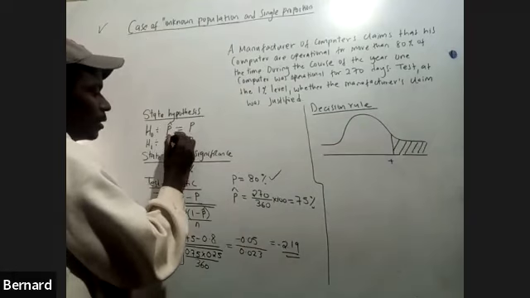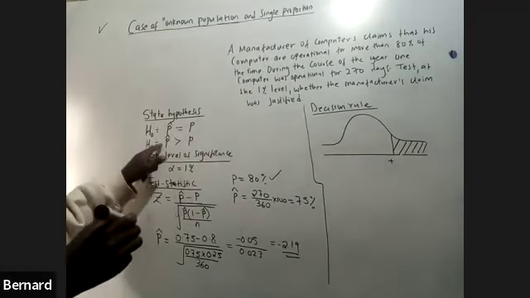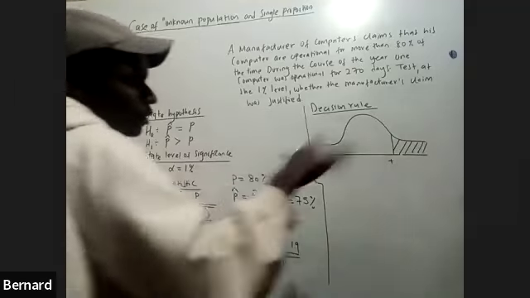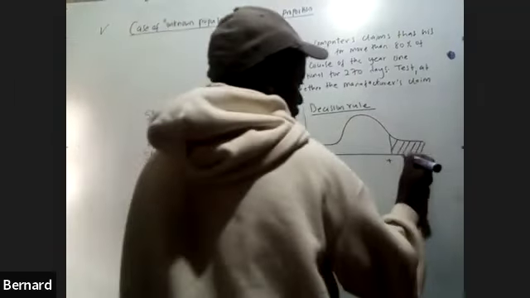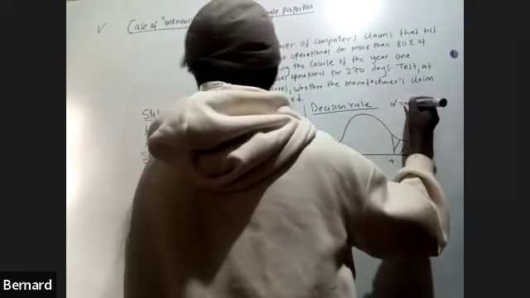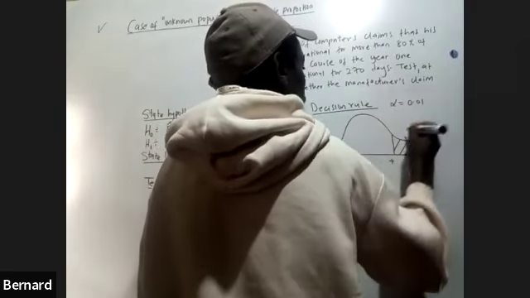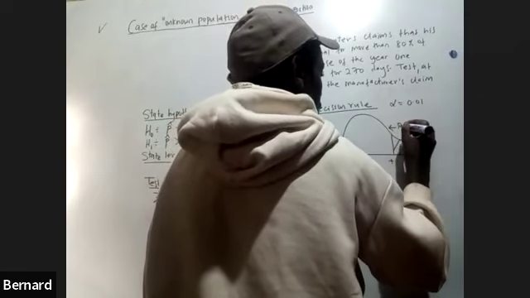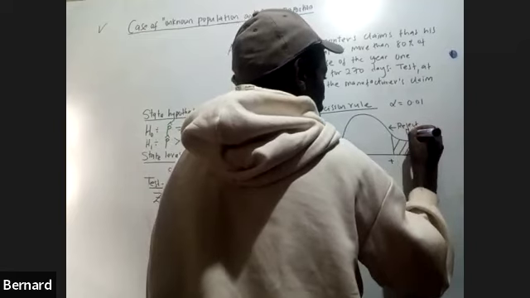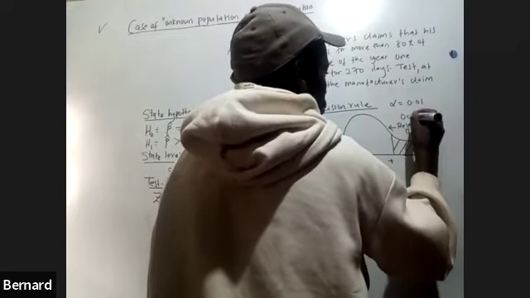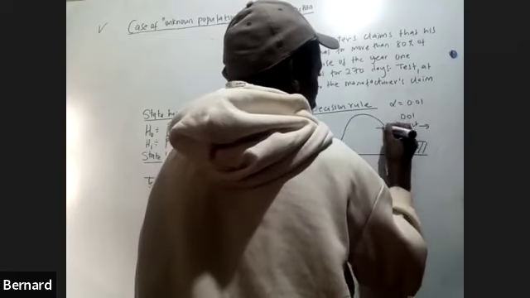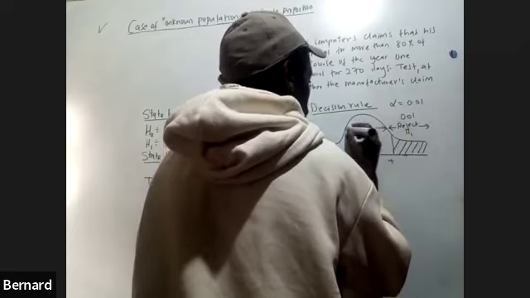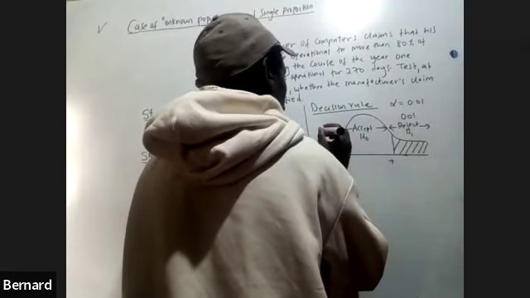Let us use one tail, greater than, assuming the sample proportion is greater than the population. We know it is 0.01. In this part we reject H1, and here we accept H0.